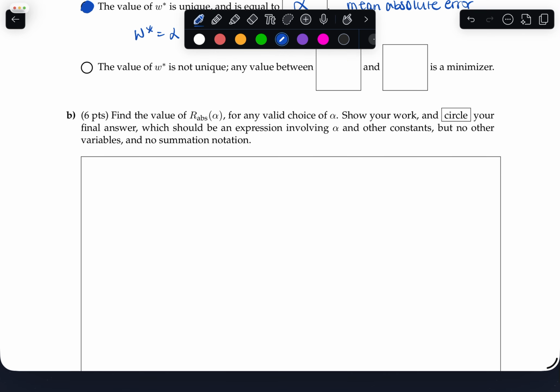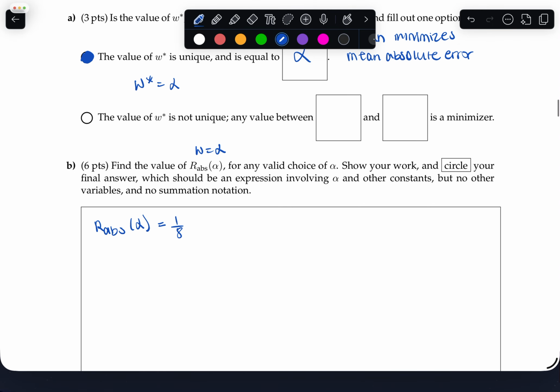Moving on to part B, we can compute the minimum value of the function by plugging in alpha for W. So R_abs of alpha is equal to 1 over 8 times the sum from i equals 1 to 8 of the absolute value of yi minus alpha.